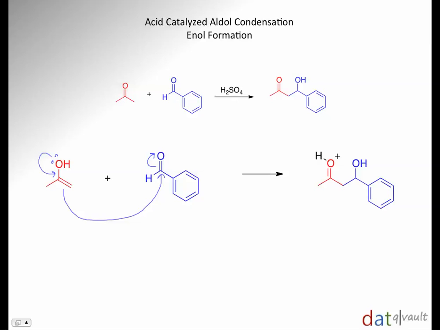Once this reaction happens, we get this product over here. Some base, such as water, will deprotonate this hydrogen, and the electrons will go back onto the carbonyl, giving us our aldol condensation product and water as a byproduct.